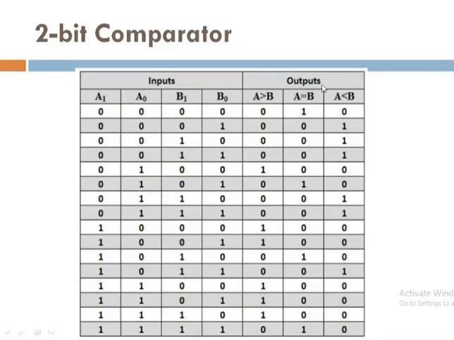Now we consider the output part, and the output will not change. When we compare these two numbers, one line will be high and the remaining two lines will be zero.